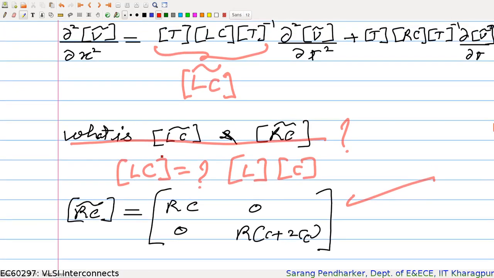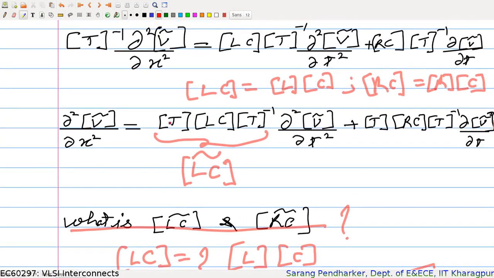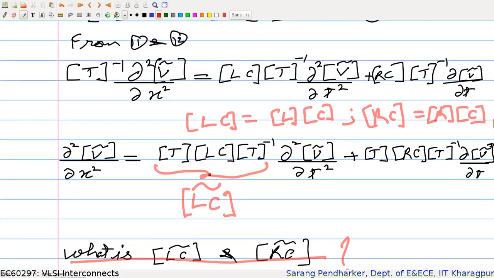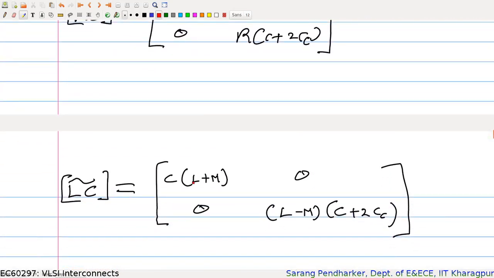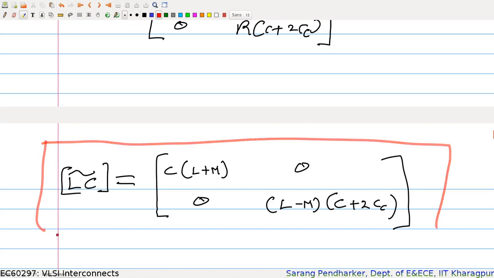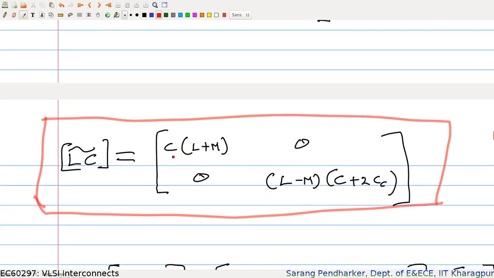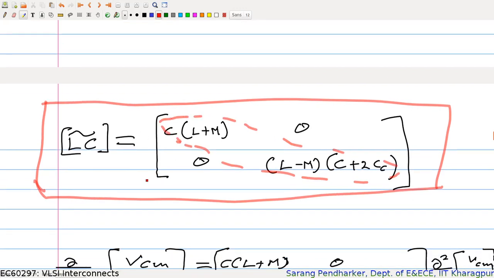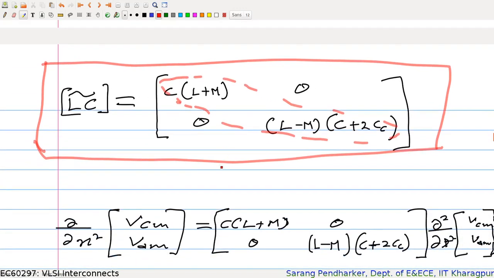Then you apply this diagonalization on this, and you will get a term like this. So you will get an LC tilde, and you can see that this is also diagonal. So your RC tilde becomes diagonal, your LC tilde becomes diagonal.